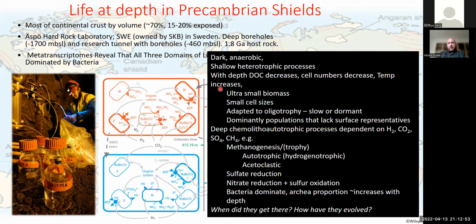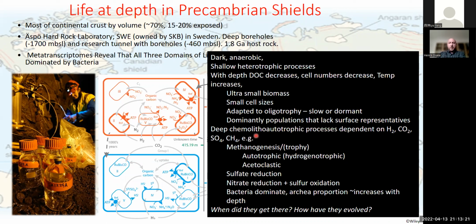And then there is ultra small biomass, small cell sizes, and the microbial populations lack surface representatives, most of them actually. And with depth, these chemolithoautotrophic processes start to dominate, depending instead on gases that might come from Earth's interior, such as methane, hydrogen gas, and CO2.